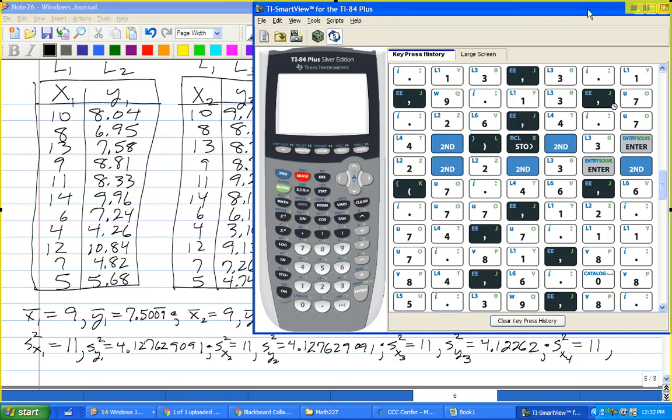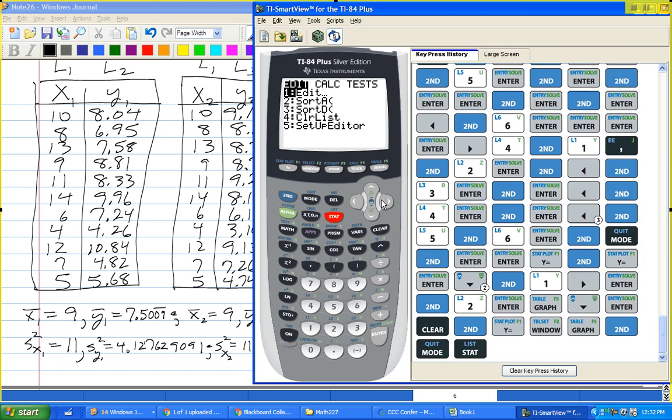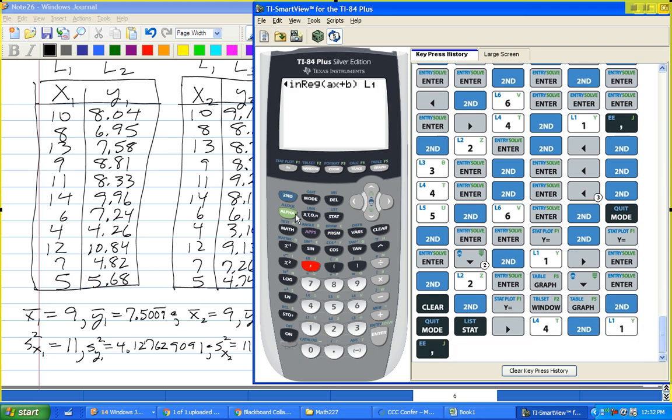Oops. And so my regression line is that L1, L2. Good. Let's go to here.